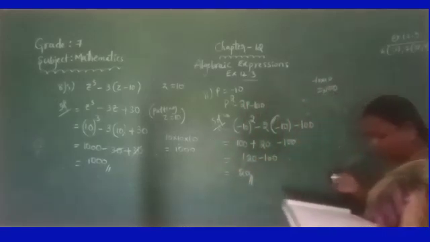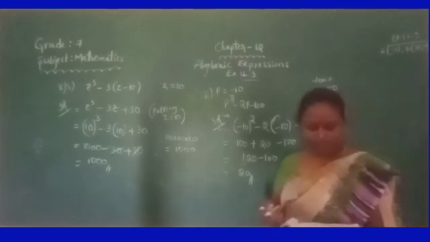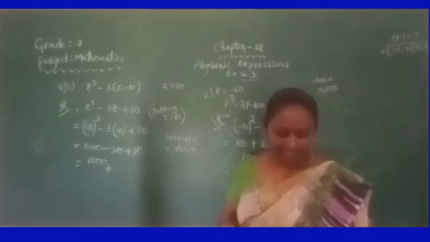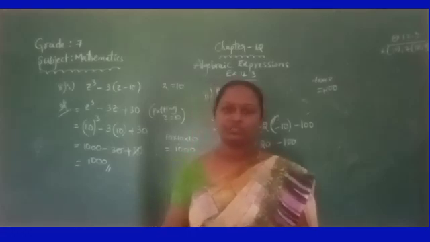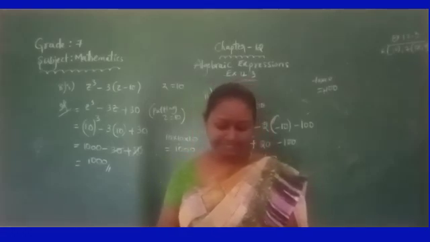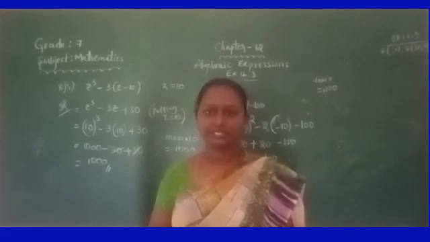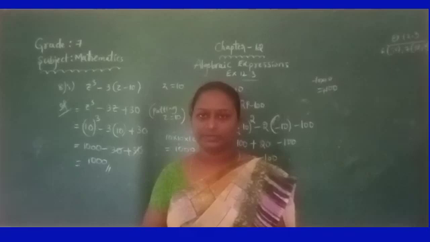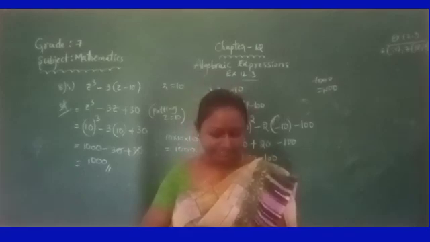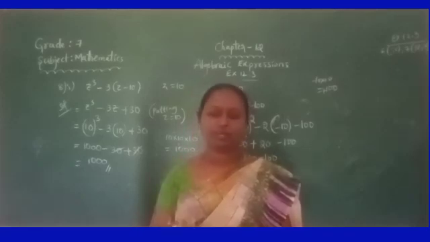So next, question 9. What should be the value of a if the value of 2x square plus x minus a equals 5 when x is equal to 0? What is given here? What should be the value of a?